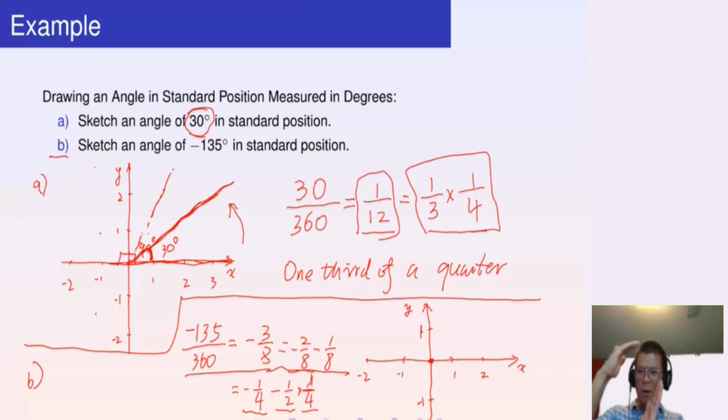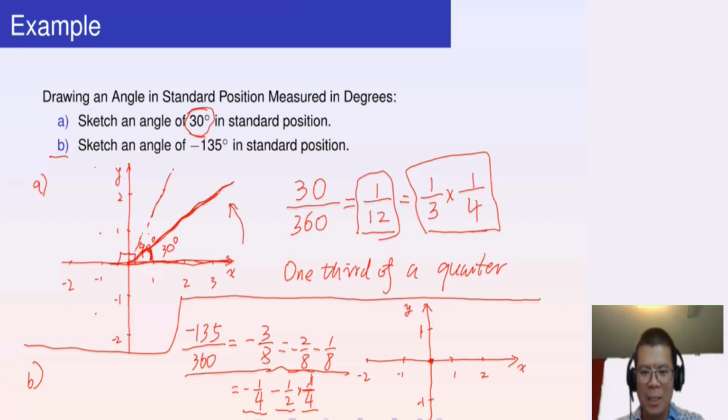You firstly go -1/4, clockwise, and then go another half of a quarter counterclockwise. Then you get that point, correct? So how can we do that? Let's draw the location of the terminal side.